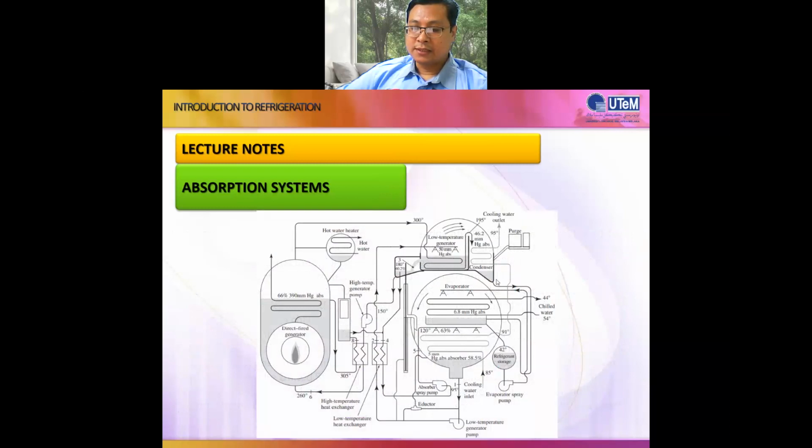Okay, this one is a structure of the absorption system. This one is more complicated. Okay, consider it is an absorption. Maybe we try to create one generator from the waste heat. And then we try to absorb and then to boil the water, and then this water will create a higher pressure.